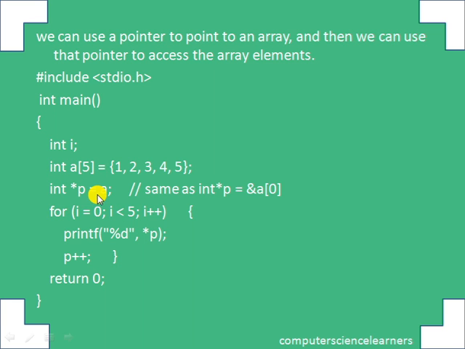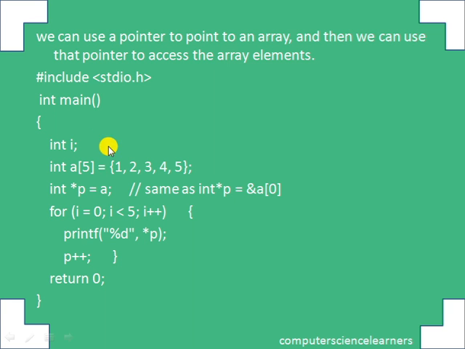So here you can write A as ampersand A of 0 also. A of 0 means the starting element, so address of A of 0 means the starting address. Instead of writing ampersand A of 0, I am writing A. That means base address, or starting address, or 0th element address. You can say anything like this.